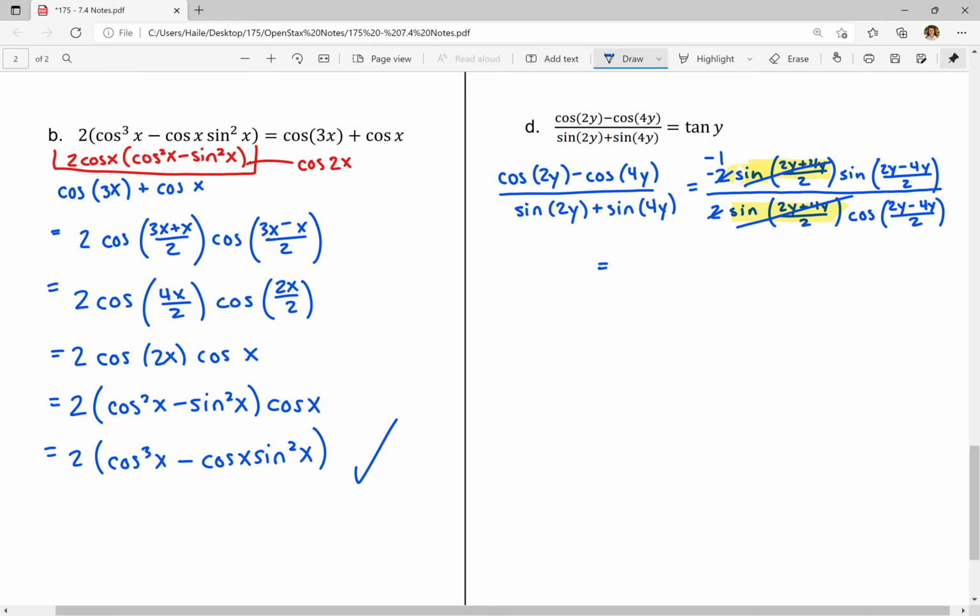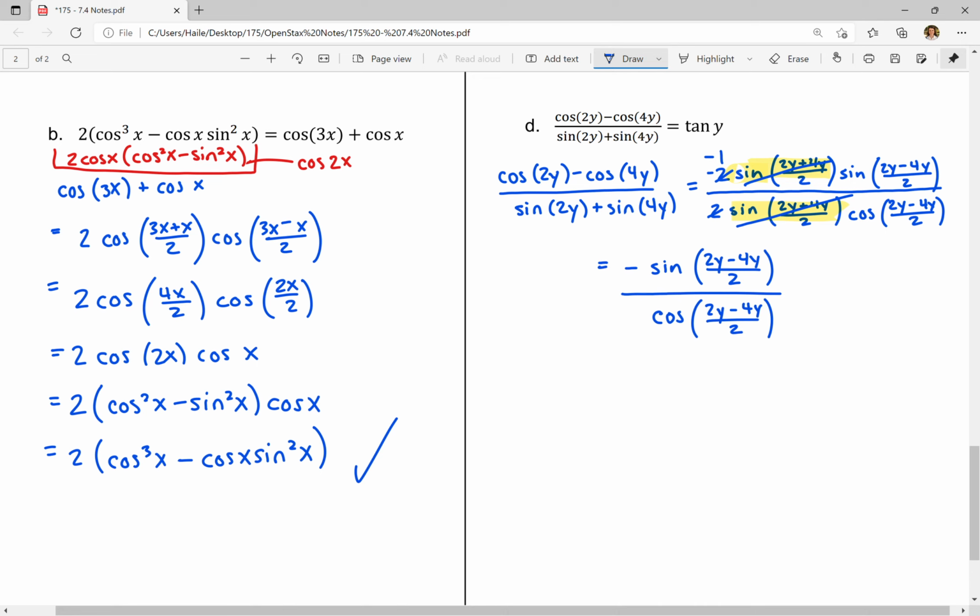Okay, so I think that's all we can do. So let's rewrite what we have left. So we have negative sine of 2y minus 4y over 2 divided by cosine of 2y minus 4y over 2.